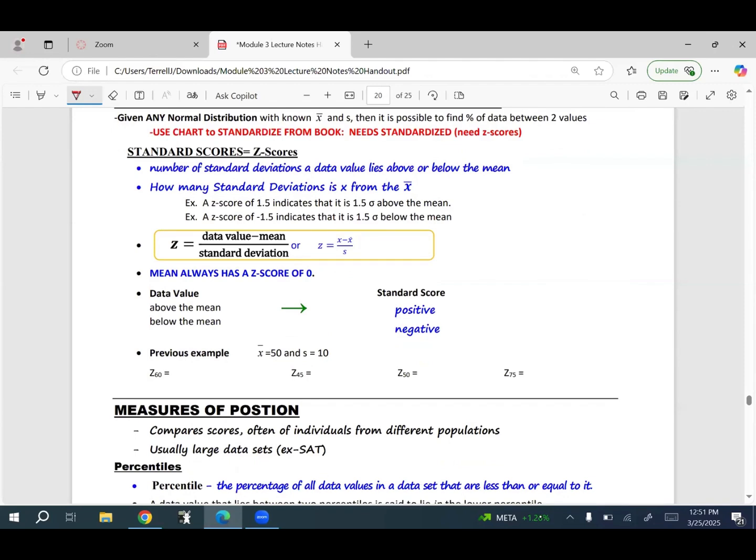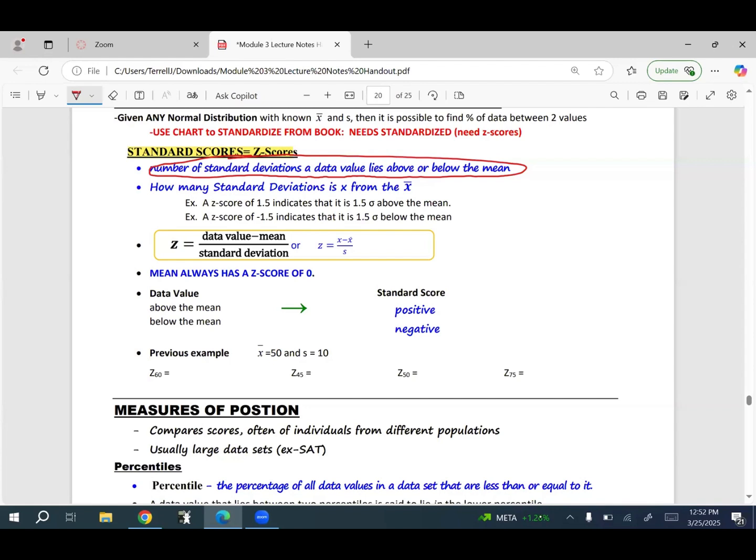Okay, 2 more things I want to go over as far as concepts in this class is z-scores and something called a percentile. So let's talk about z-scores. A z-score tells you the number of standard deviations a data value is above or below the mean. So every data value in your data set can be converted to a z-score.